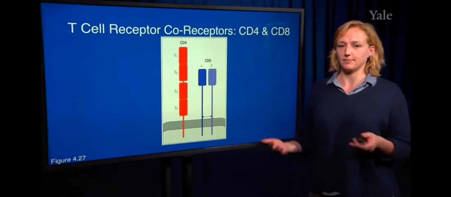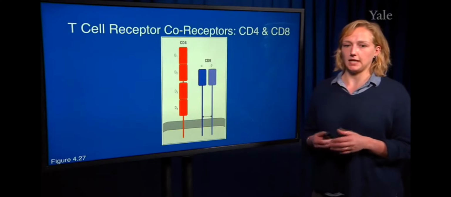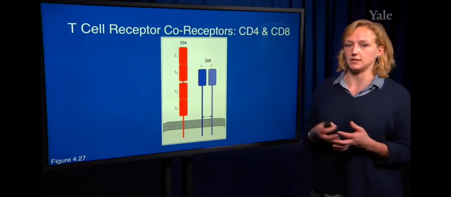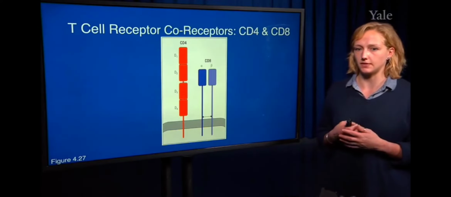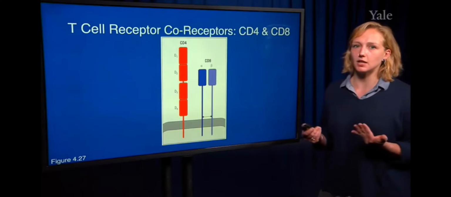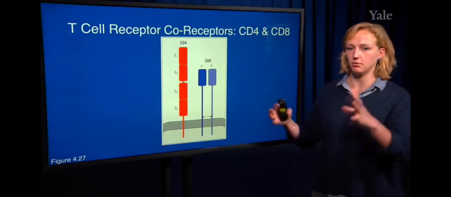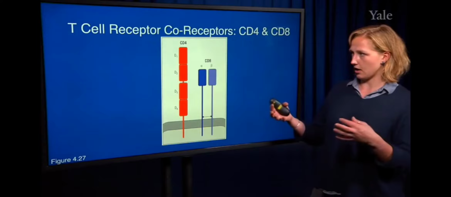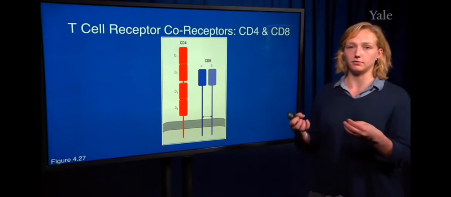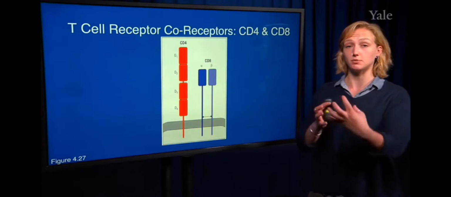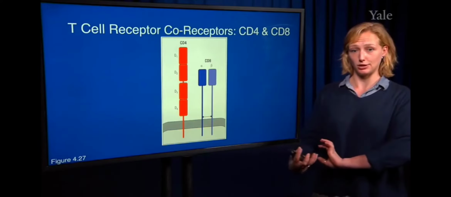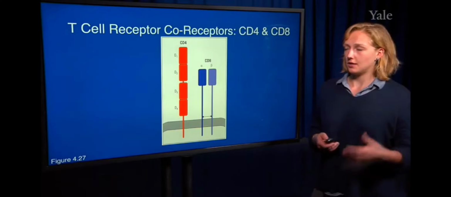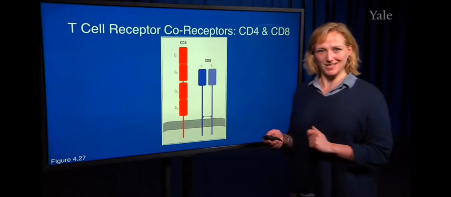CD4 or CD8 associate with their TCR on the T cell surface, and they bind to invariant sites on the MHC portion of the MHC molecule, allowing for a much more stable interaction between T cell receptor and MHC receptor. I realize I just said a complicated sentence, so let's dive into that.